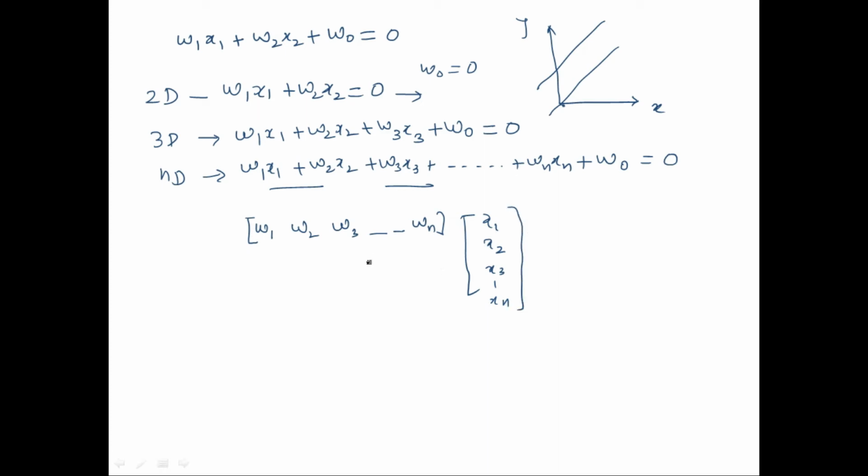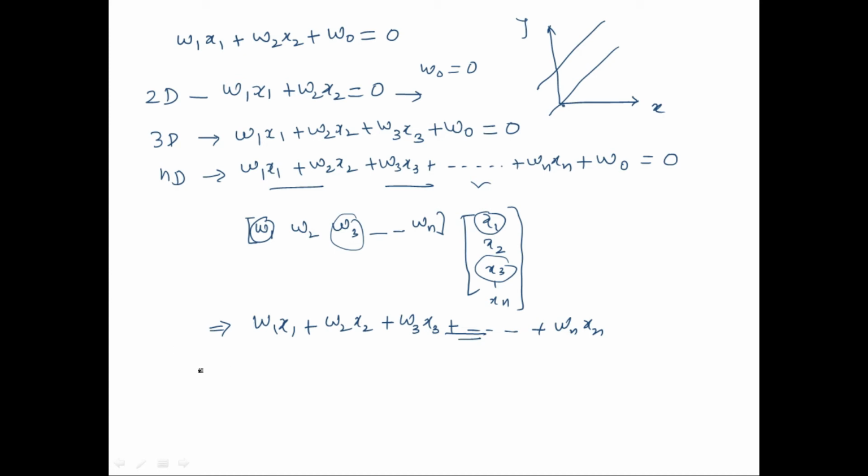If we multiply the w vector and the x vector, we will get exactly this equation. If we multiply w1 with x1, w2 with x2, w3 with x3, up to wn xn, we will get exactly the same form of equation.